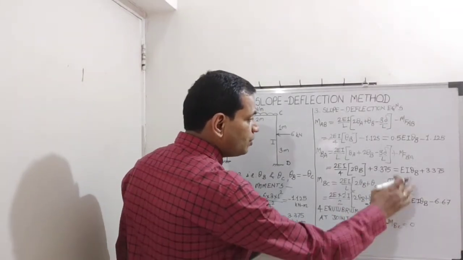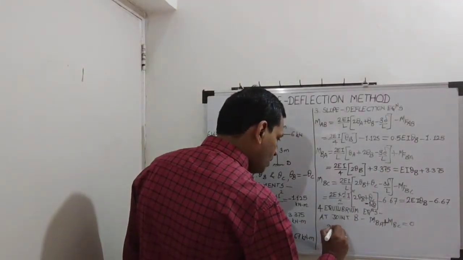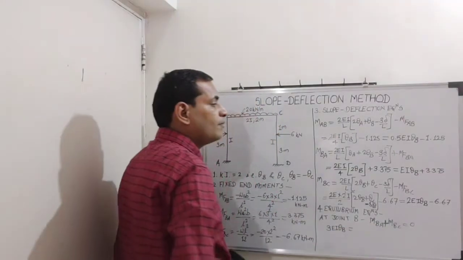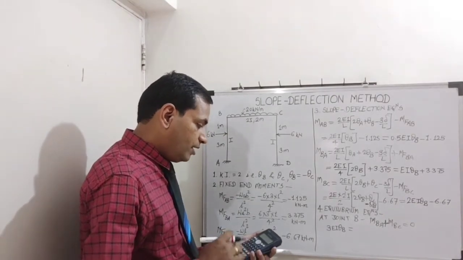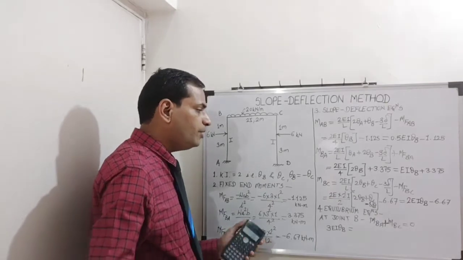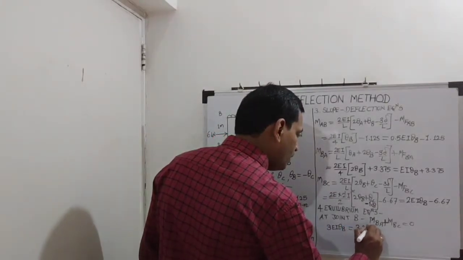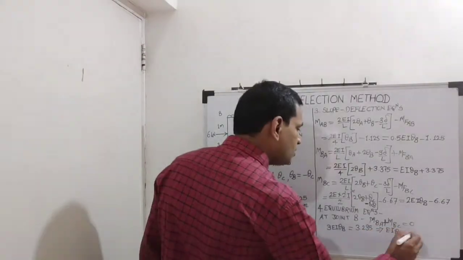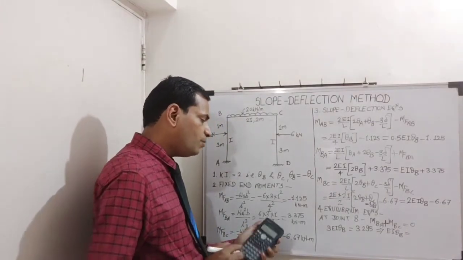So this is 2, this is 1, so this is 3 EI theta B, it is equal to 6.67 minus 3.375. So that will be 3.295. So this will give us EI theta B as how much? 3.295 divided by 3. So it is 1.1.